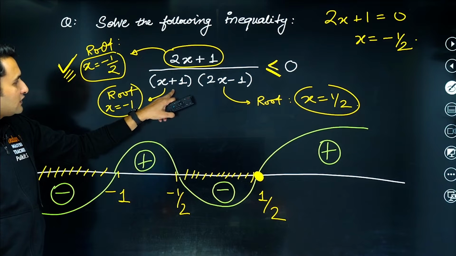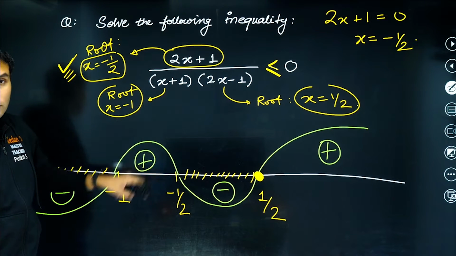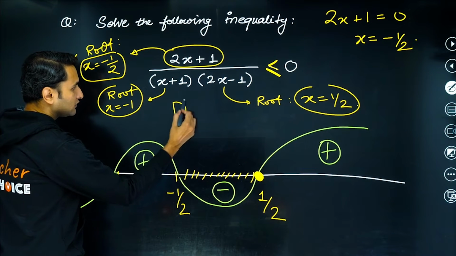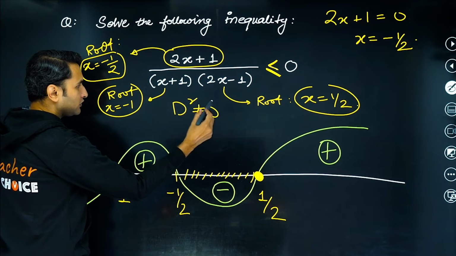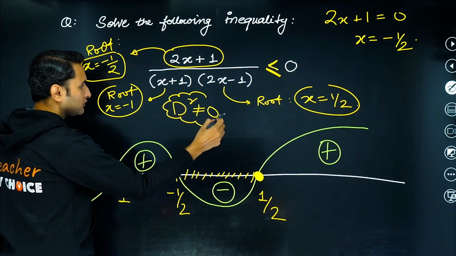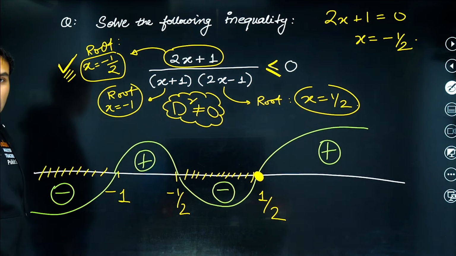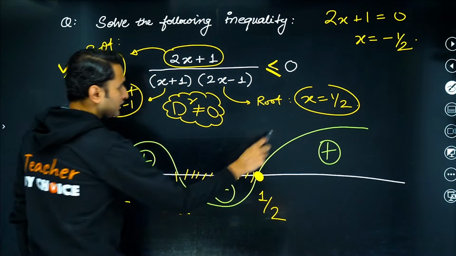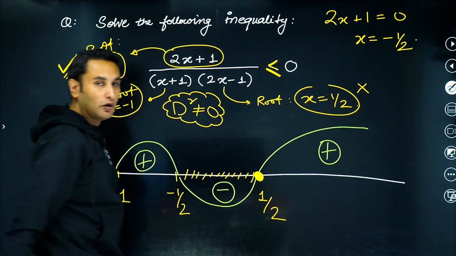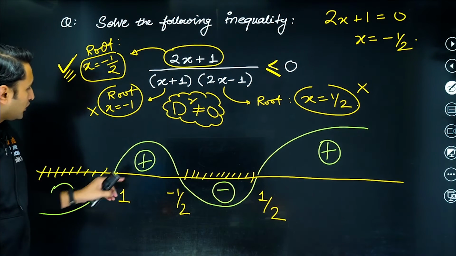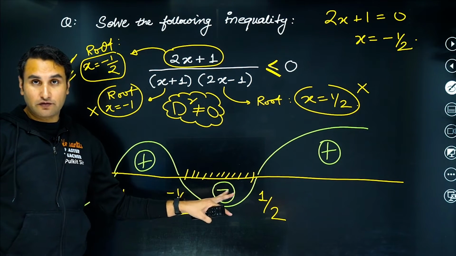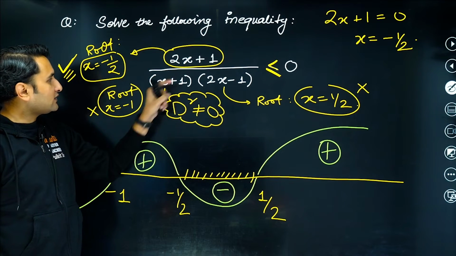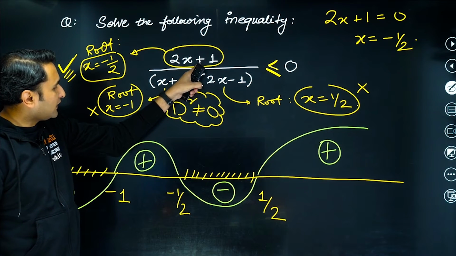Can x be equal to minus 1? No. The denominator cannot be equal to 0. So what can I not include? Both the denominators cannot be included. Because we have seen where it is negative, that portion we have seen. Now let us see, can I include x is equal to minus half?